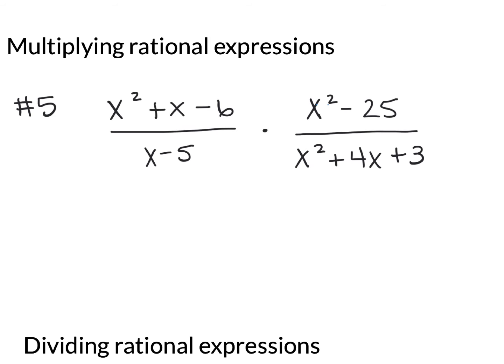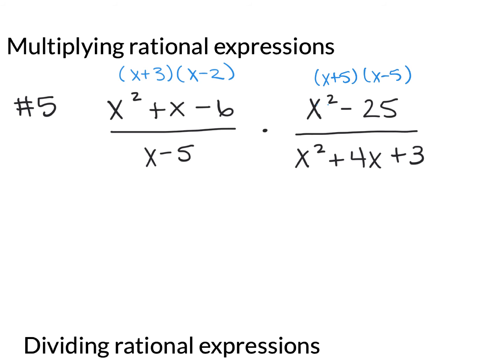Here in our first quadratic, we need two numbers that multiply to be negative 6, add to be positive 1. If we work that through, it will be x plus 3, x minus 2. We want to do the same for this other numerator, x squared minus 25. That's actually going to be x plus 5, x minus 5.